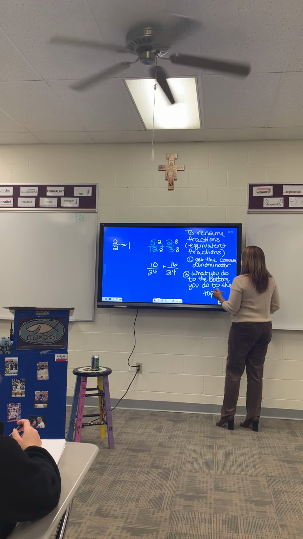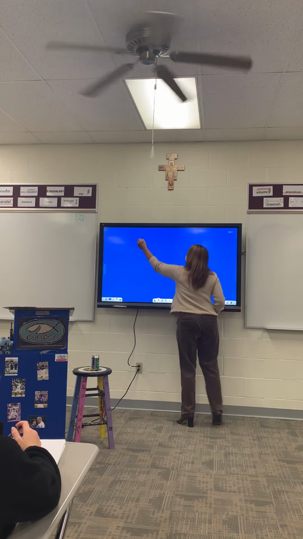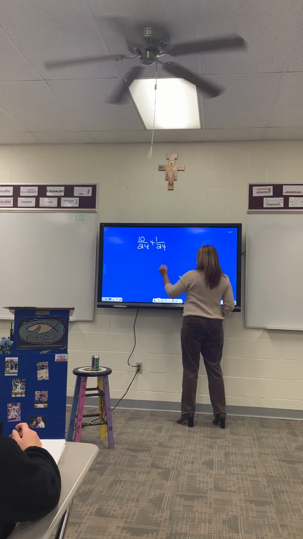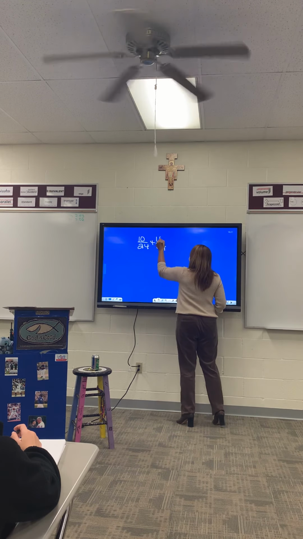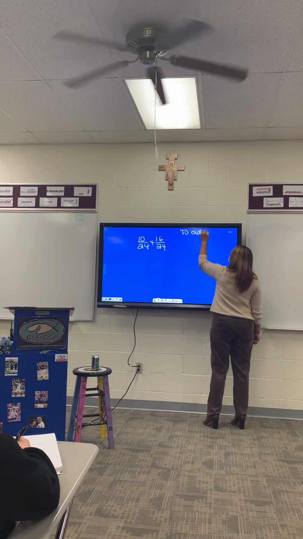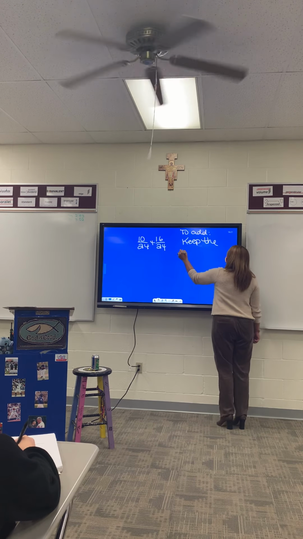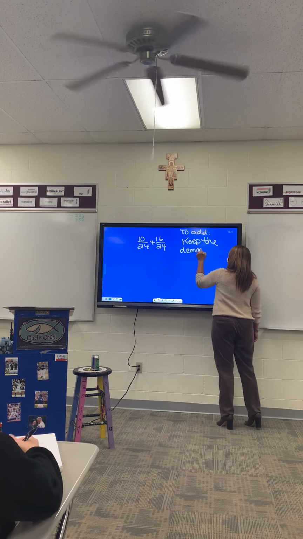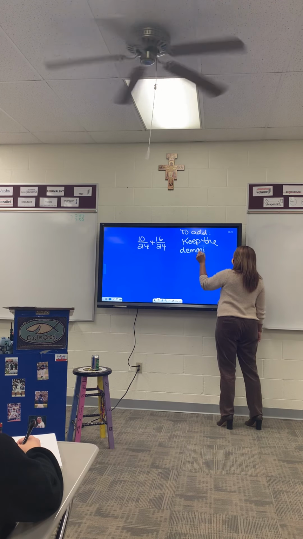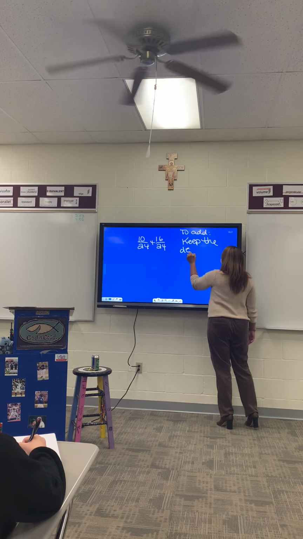Number 3: to rename fractions, what you do to the bottom, you do to the top. I wish there was a good way to abbreviate denominator.